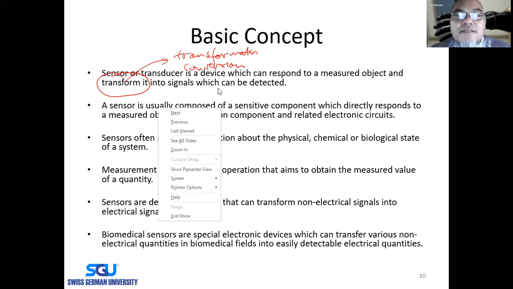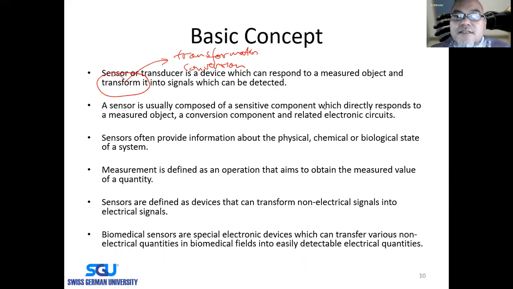A sensor is usually composed of a sensitive component, which directly corresponds to a measured object, that responds to the measured object, and a conversion component. This is what we usually call the transducer part. As the name implies, transducer means to transduce. Trans means to go across, right?